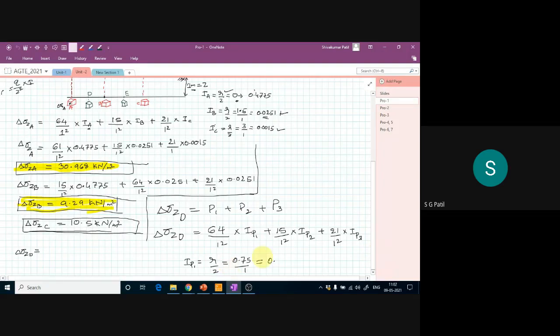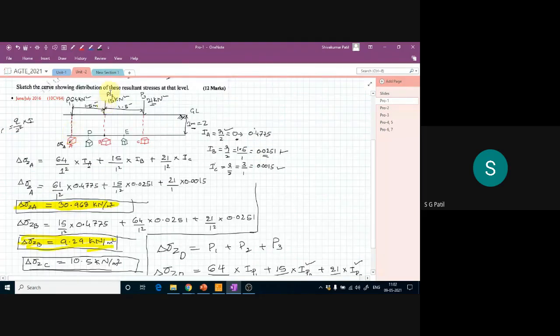For 0.75, IB is 0.1565. So for R by Z ratio of 0.75, IB is 0.1565.